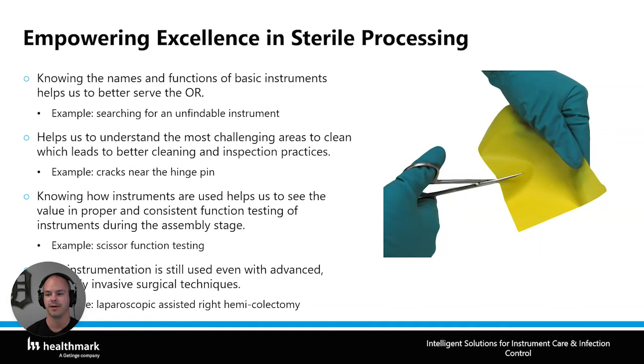Imagine trying to cut a blood vessel or do surgery on a blood vessel, or a bowel, and having scissors that have a nick in them or they're sticking or something about them is not functioning properly. So it's really important that we understand what these are for so that we know exactly how to make sure they're working properly.